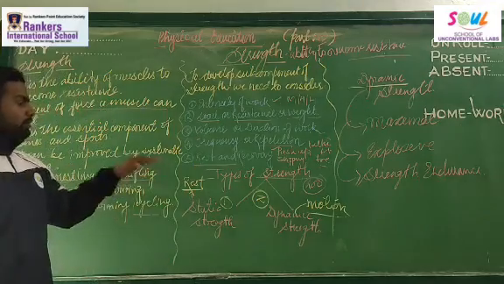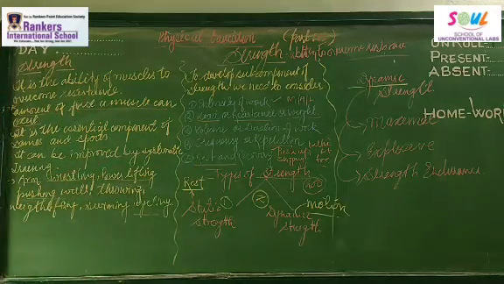Then I talked about the two types of strength, right? Static strength and dynamic strength. Got it, beta? The static strength is the strength which is in rest, and the dynamic strength is related to the strength when the body is in motion, because the word static means things which are in rest and the word dynamic means things which are in motion.